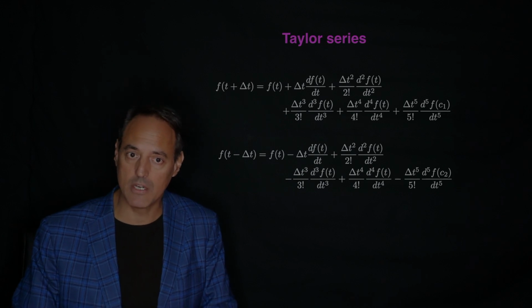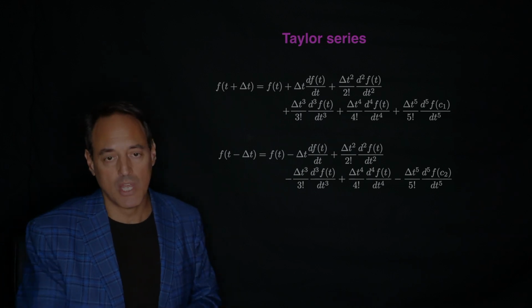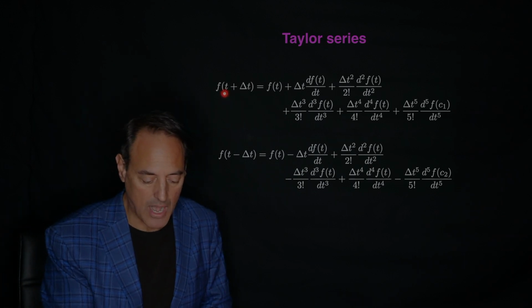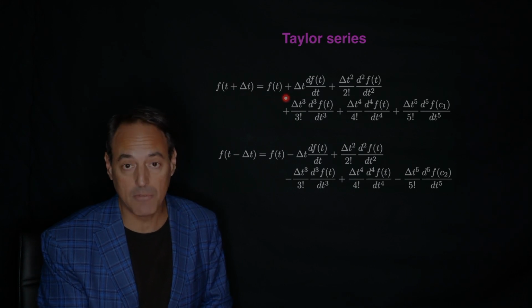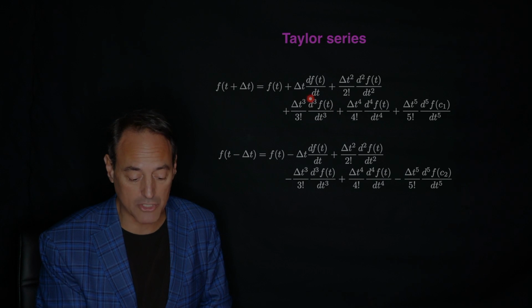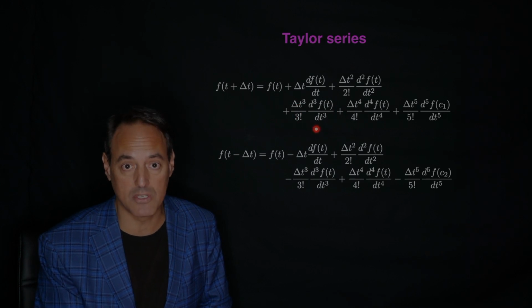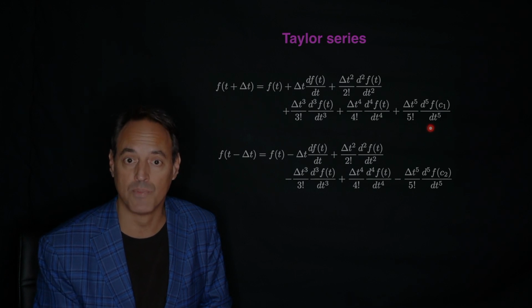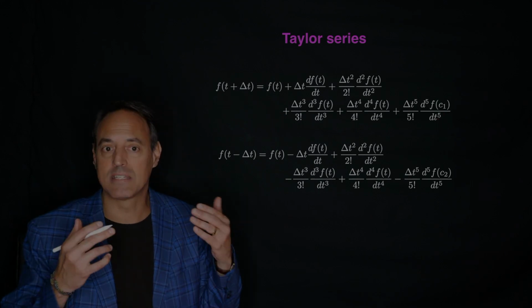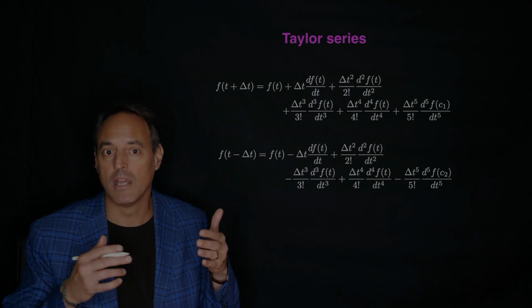So we're going to use the same things that we did before. I'm going to use an expression for f of t plus delta t, but notice I'm going to expand it, and before I stopped the expansion at the 3rd derivative, but now I'm going to go all the way to the 5th derivative before I truncate. So I have a 5th derivative evaluated at some c1, which is some value between t and t plus delta t.